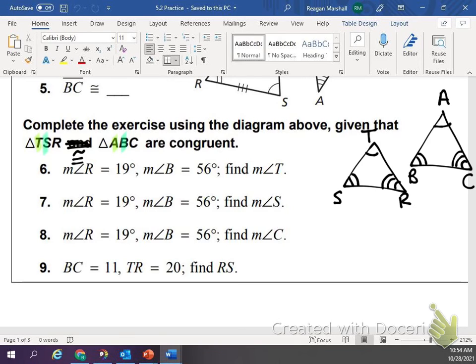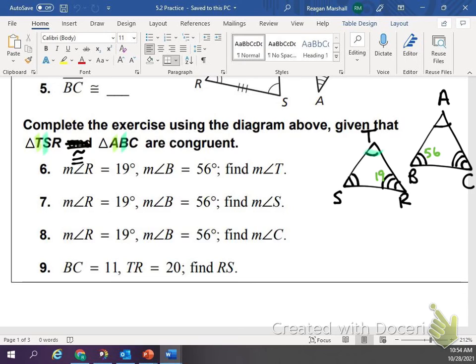Okay. If R is 19 and B is 56, we want to find the measure of angle T. So we want to find this angle here. So in this triangle we have 19. We don't have S. But we know that S is congruent to what angle in the other triangle?